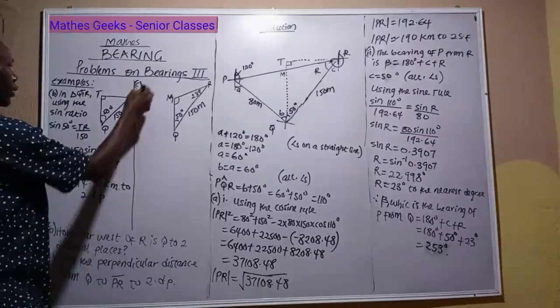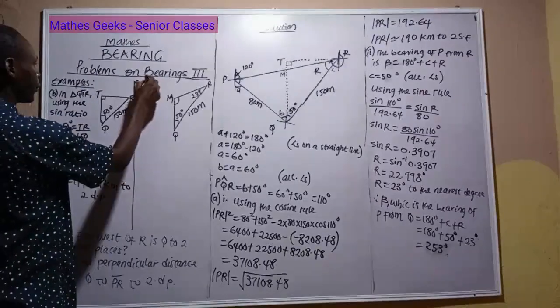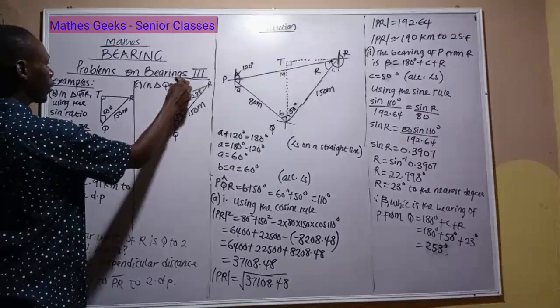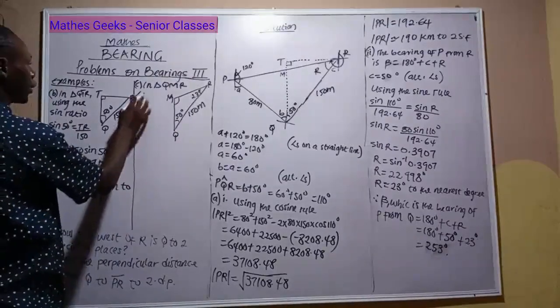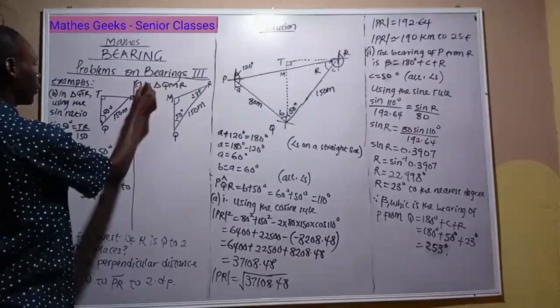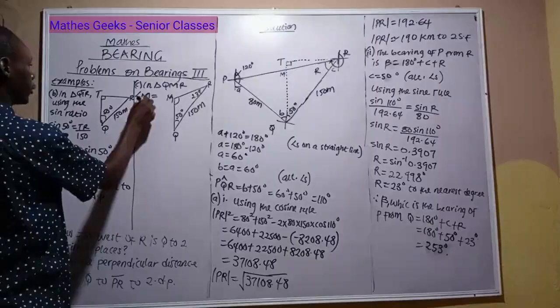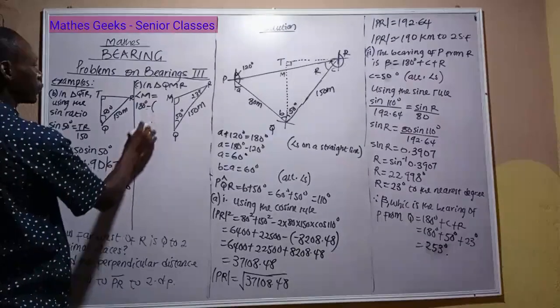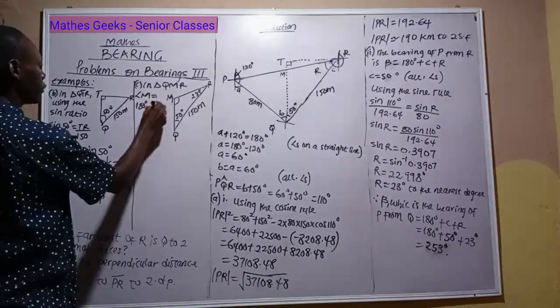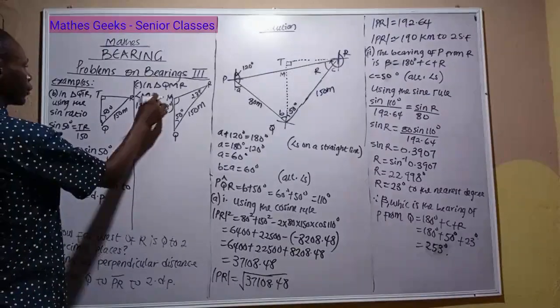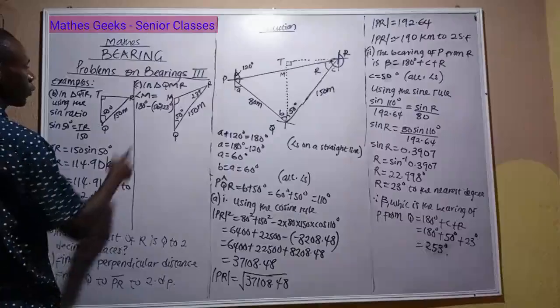So from triangle QMR, angle M is equal to 180 degrees minus 50 degrees plus 23 degrees. Why is this so? Sum of angles in a triangle.